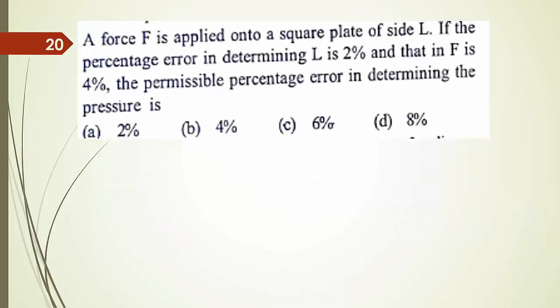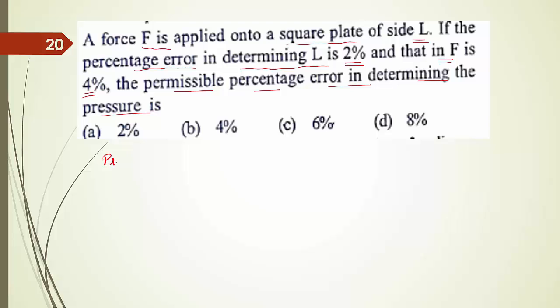20th question. A force F is applied onto a square plate of side L. If the percentage error in determining L is 2% and that in F is 4%, the permissible percentage error in determining the pressure is? So we have to find the percentage error in determining the pressure.